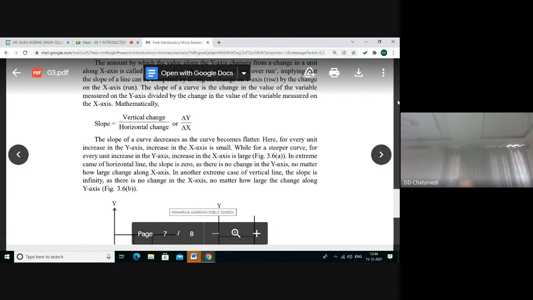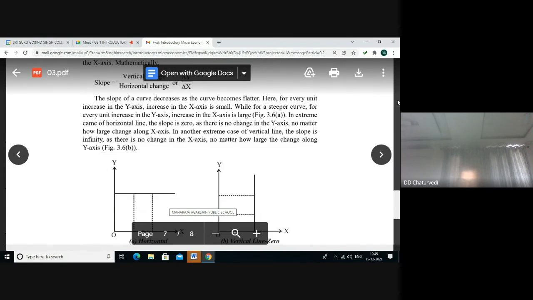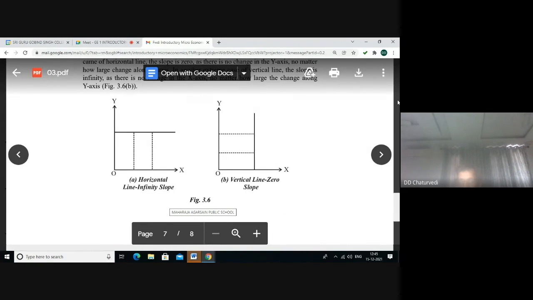The slope of a curve keeps on declining when the curve becomes flatter. Here, for every increase in y-axis, increase in x-axis is small. For a steeper curve, for every unit increase in y-axis, increase in x-axis is large, as you can see through figure 3.6a. Here the slope is 0, horizontal line, but elasticity of demand is infinity.